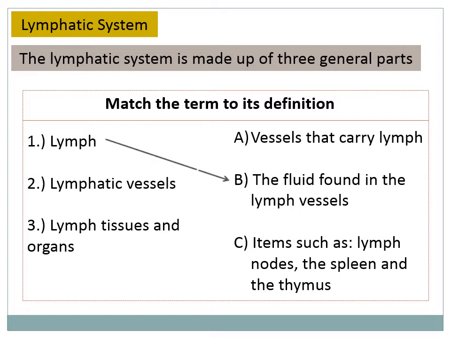Lymph is the fluid found in lymph vessels. Okay, so lymph is just the fluid we find in lymph vessels. What are lymphatic vessels? I know this one was a really hard one. So lymphatic vessels are vessels that carry lymph. Okay, so vessels that carry lymph around, which makes our lymph tissues and organs, items such as our lymph nodes, the spleen, and the thymus, among others.